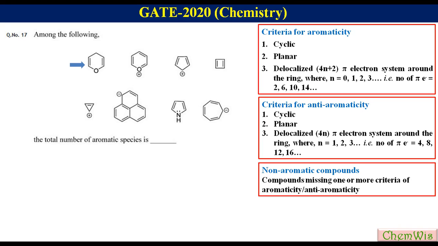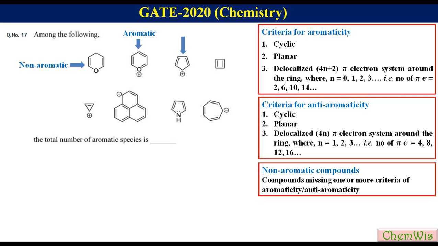This is having no delocalization of pi electrons, so non-aromatic. This is cyclic and planar with delocalized 4n plus 2 pi electrons, so aromatic.